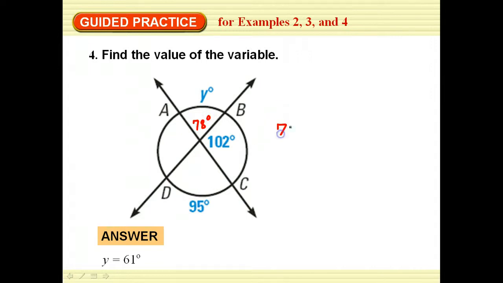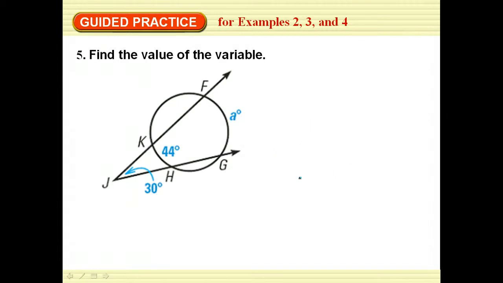So we know that 78 is equal to the average, or 1/2 of 95 plus y. And so in this case, I can multiply by 2. I get that 156 is equal to 95 plus y. When I subtract 95 from 156, I get 61 degrees.